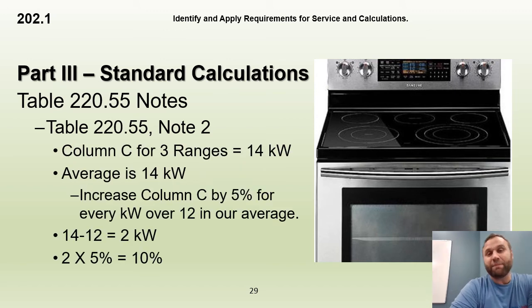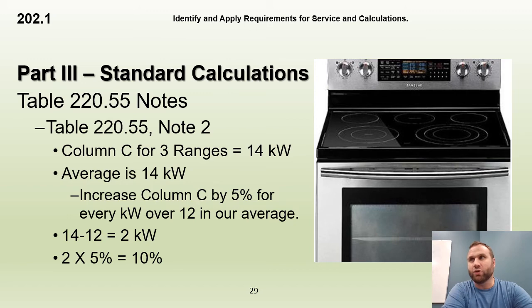So my next step would be to go to column C, see what the maximum demand for 3 ranges is, look that up. Well, in column C, the maximum demand for 3 ranges is 14 kilowatts. And my average for my 3 different ranges is 14 kilowatts. So that being said, I can't just accept 14 kilowatts as is, because remember note number 1?